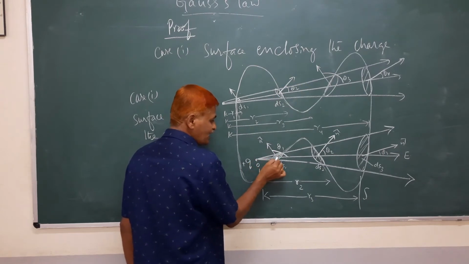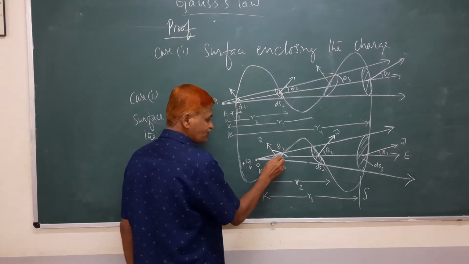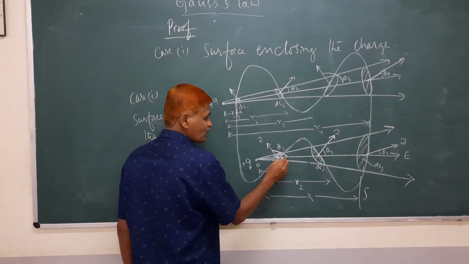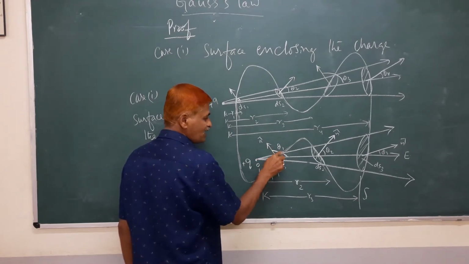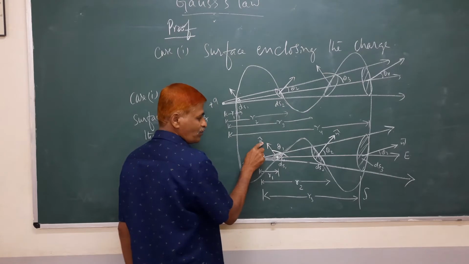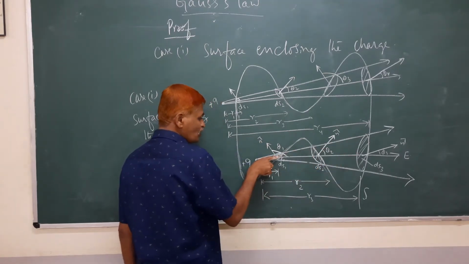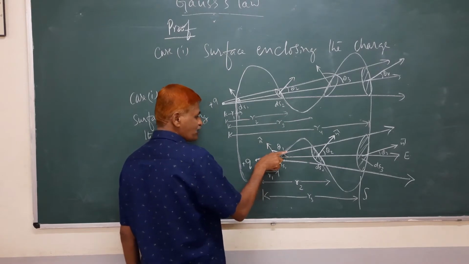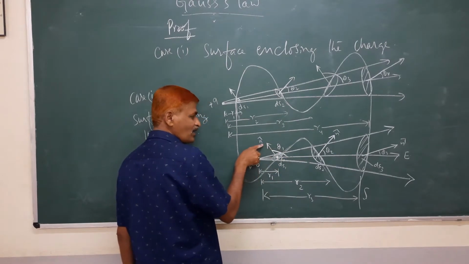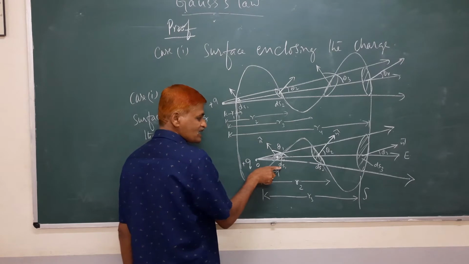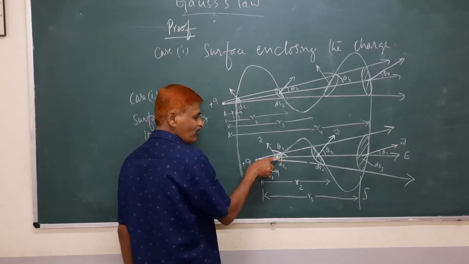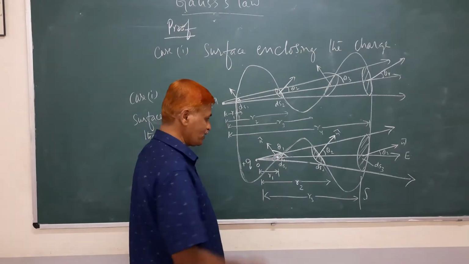Here the electric intensity is E1 and making an angle theta 1 with the normal, because lines of forces are going out. So this is the direction of E and it is making an angle theta 1 with the normal to the surface ds1. E1 is the value of electric intensity at this point.